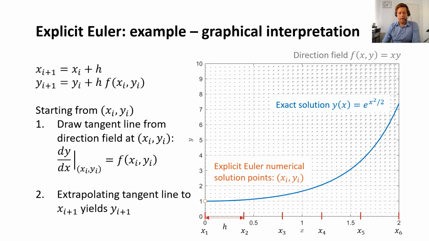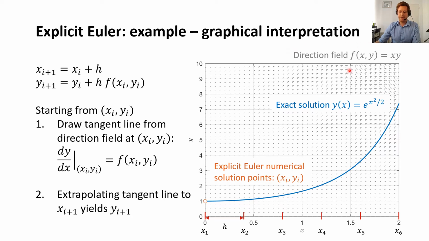Now let's also look at a graphical interpretation of the explicit Euler method. Here I just reiterate the explicit Euler method and what it does. On the right-hand side, we show for this specific problem the exact solution, which is e to the power x squared over 2. I also plotted the direction field.